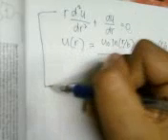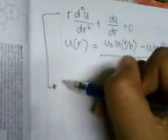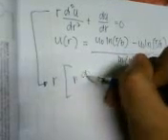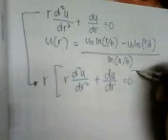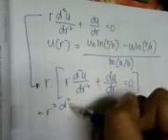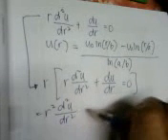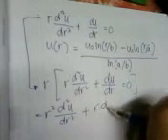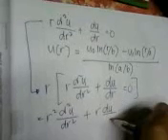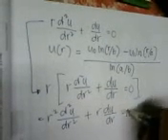So first, this equation we have to multiply both sides by r. So we have r squared times d squared u over dr squared plus r du over dr is equal to 0.